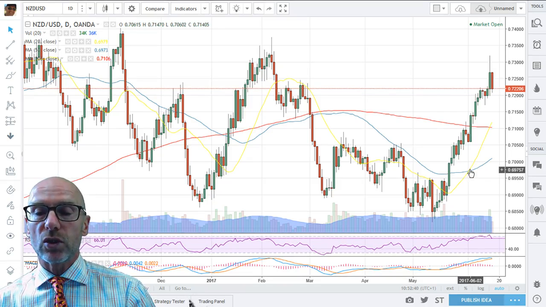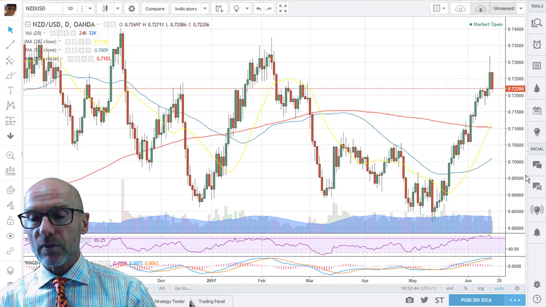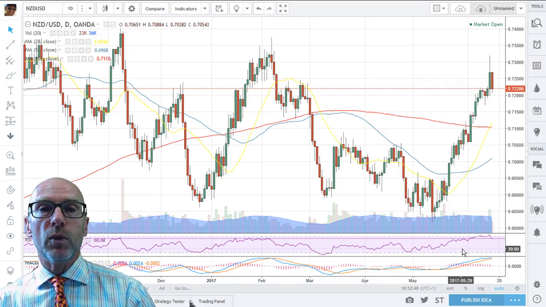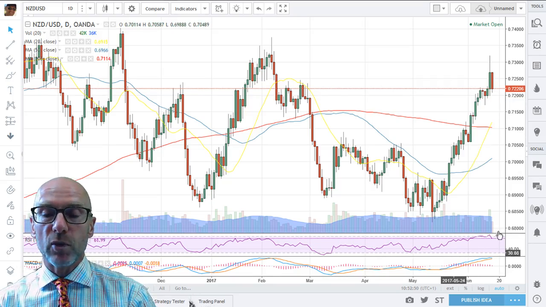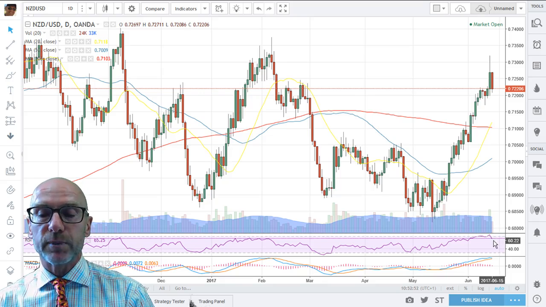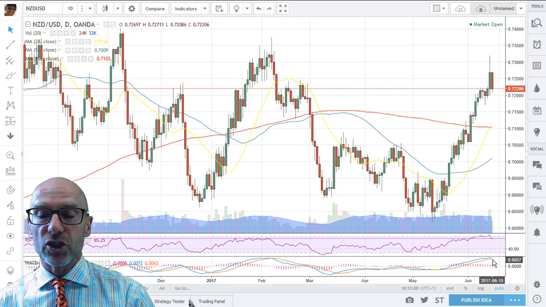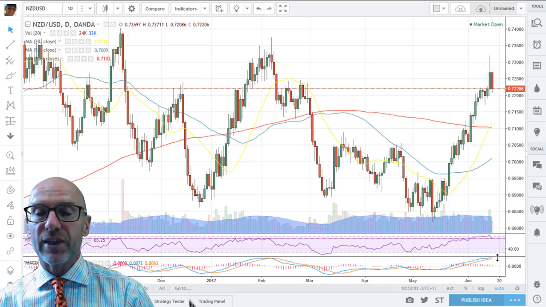That was a golden cross and therefore bodes well for the medium-term picture. Looking at the RSI, you can see that we were overbought, but we were showing very strong momentum with an uptrend. That uptrend has been broken, so expect further consolidation on the RSI, and the MACD lines are now converging and look like they're going to flatline.